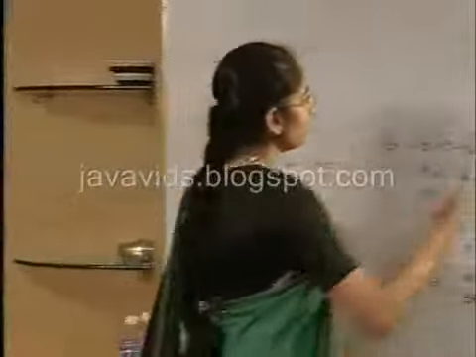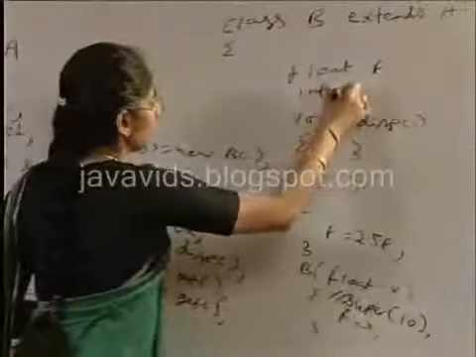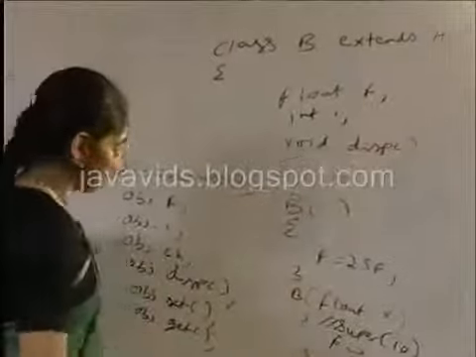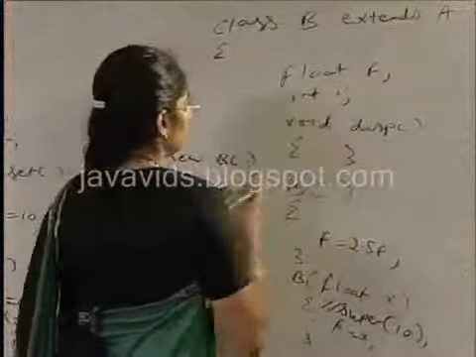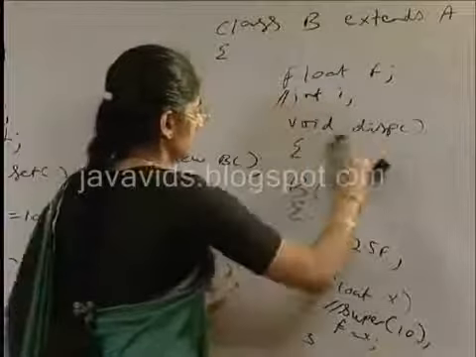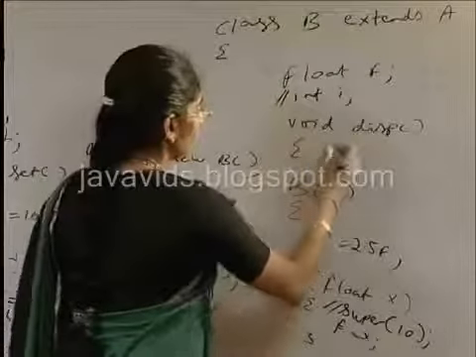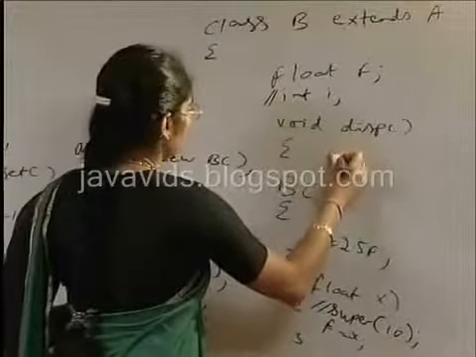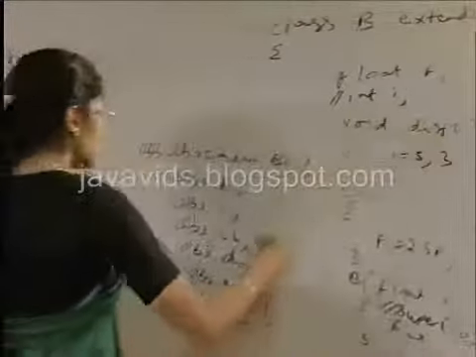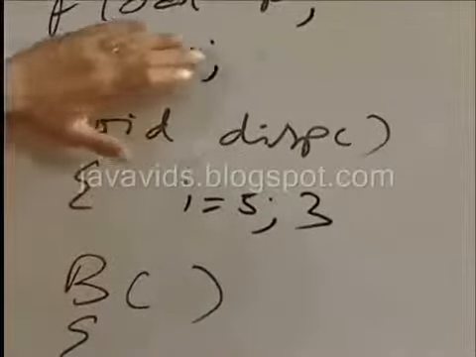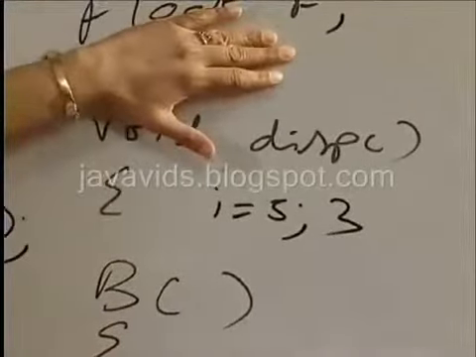Now let's assume that we have int i in the child class as well. Now just before that, let's say in the disp method, if I were to say i is equal to 5, which i are we talking about here? Previously we did not have this particular i in the child.